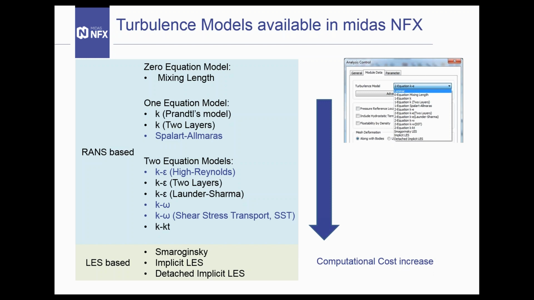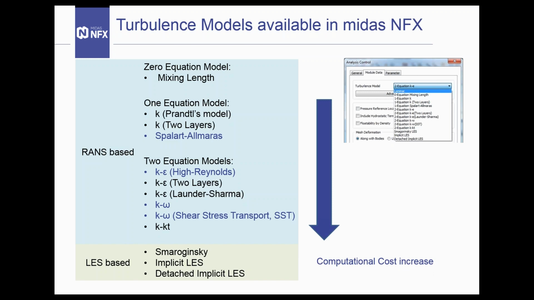We have the zero equation model, which is called mixing length. We have one equation models, like Prandtl's model and Spalart-Allmaras, and two equation models with the popular ones like K epsilon, K omega, and LES based models, which means large eddy simulation models.